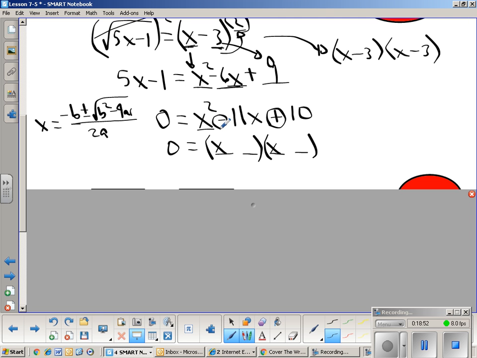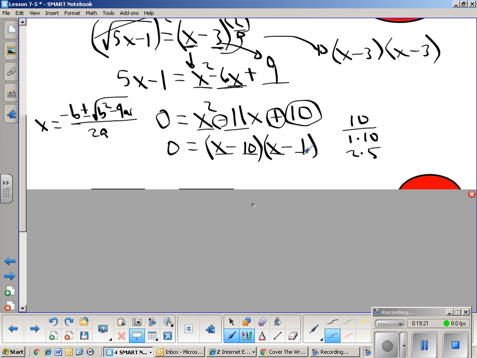So they both have to be negative this time. And then we get down to the last two, and that comes from the factors of 10, which are 1 and 10, and 2 and 5. And then we go back to the signs. Because the signs are the same, we need the two that add up to 11. And they are 10 and 1. Or 1 and 10.